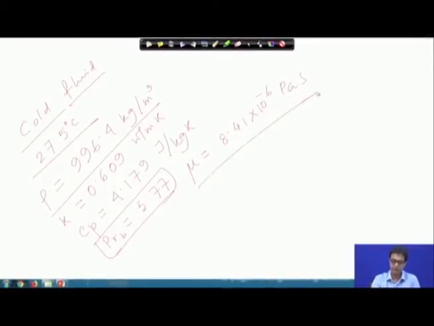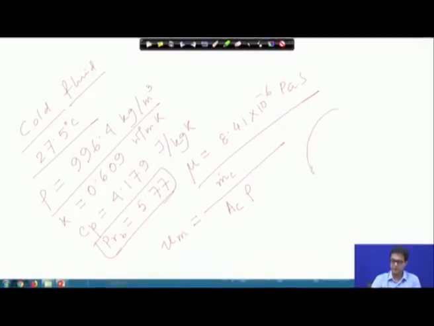So, we have these values to calculate the different parameters for the annular space. First of all, we need to find out the velocity. How do we find out the velocity? We know the mass flow rate, and then we find out the A_c and rho.